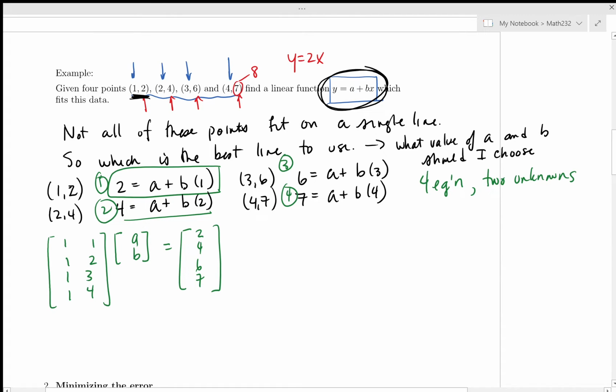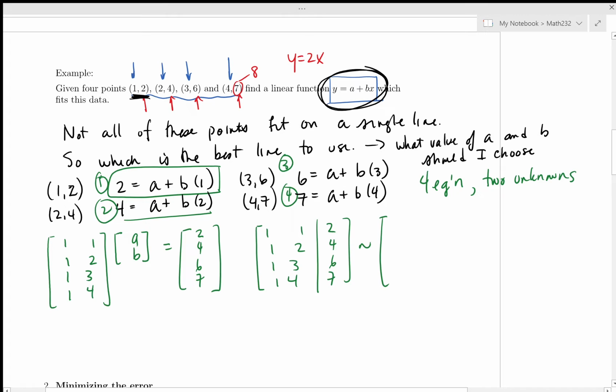Now we could attempt to solve this normally, and then potentially find values for A and B. So let's just set up to do that and then see what happens. We would write this in this manner here, the augmented matrix, and then we would row reduce like that.